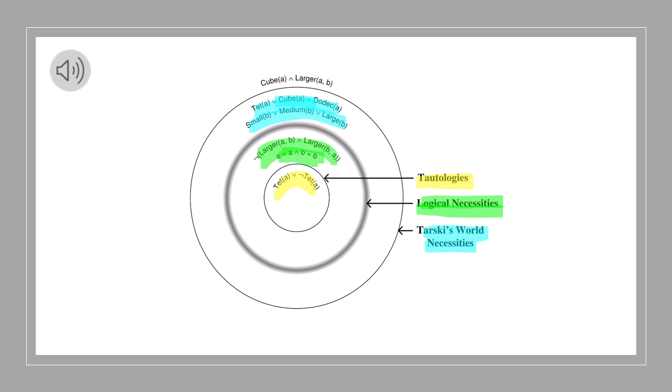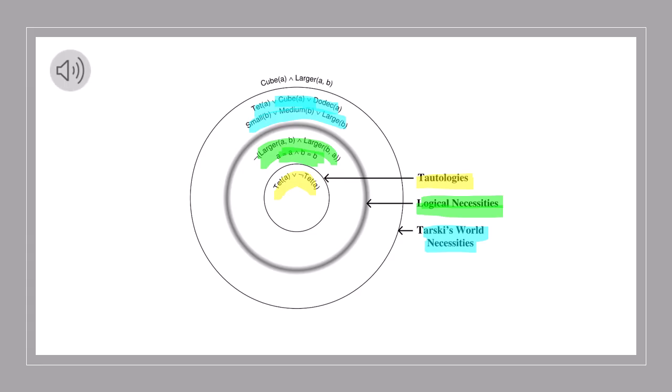And so that sentence would be true. And likewise, for the second sentence, if you have some constant naming an object, in this case B, then that object is either going to be small, medium, or large in Tarski's world. And so that sentence would effectively be true as well. So these would be Tarski's world necessities that are not logical necessities.